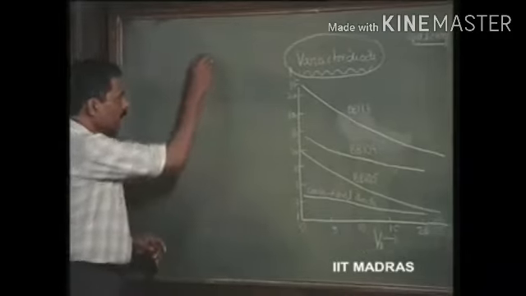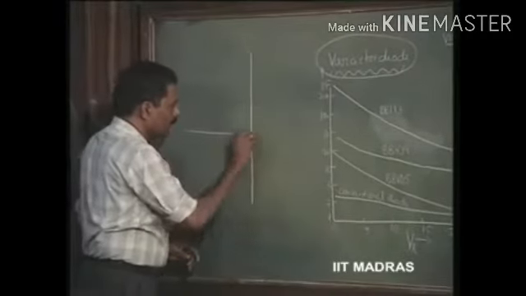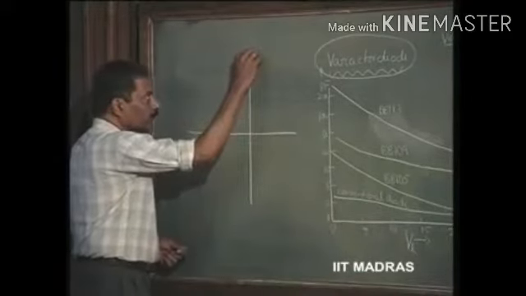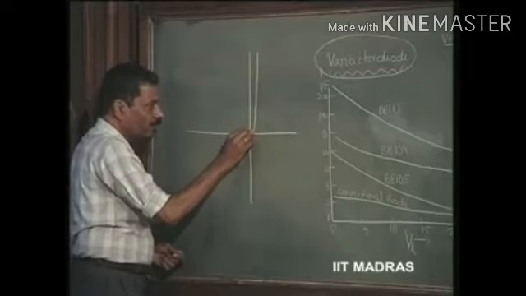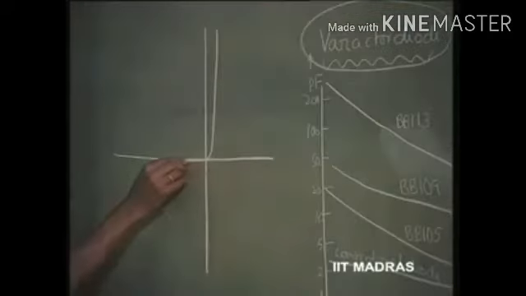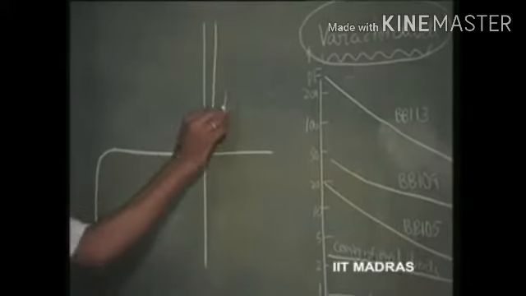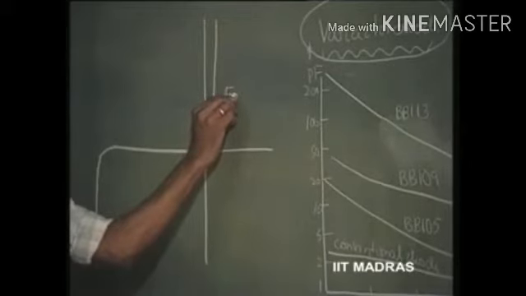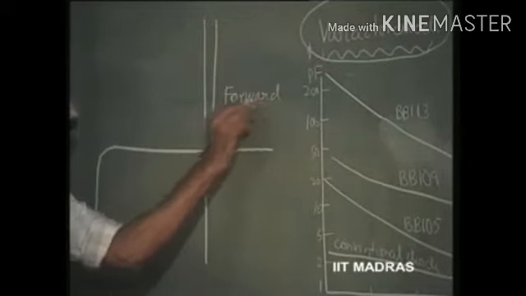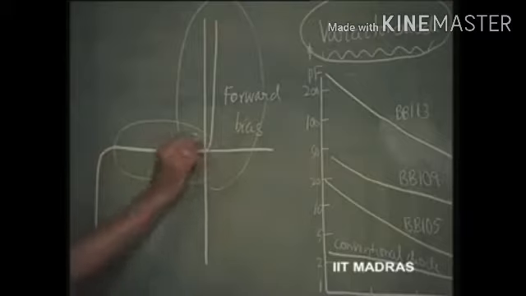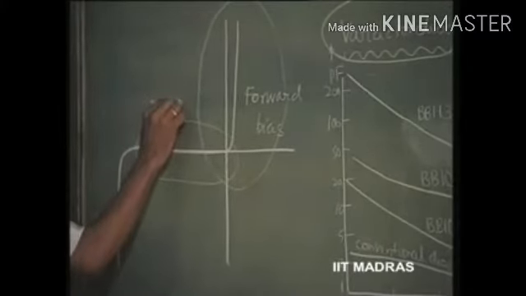Now, let us make ourselves clear. The ordinary diode has the forward bias region, the reverse bias region. In the reverse bias region, we have the breakdown. This is the forward bias region. Then this is the reverse bias region.